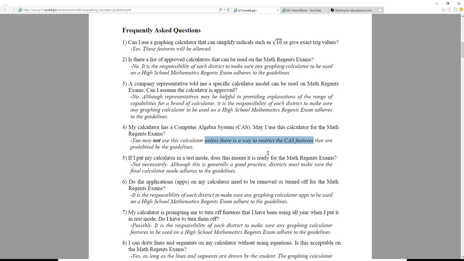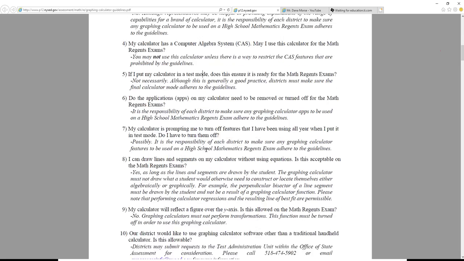That's big, because TI released a TI Inspire CX II CAS, Roman numeral 2, that has the ability to turn off CAS and leave on exact arithmetic, which means that model fits the New York State guidelines better than all the rest. So if you can turn off CAS, it can be used.